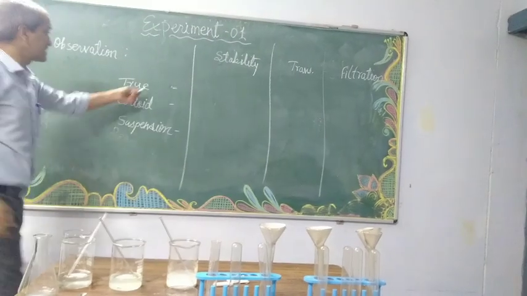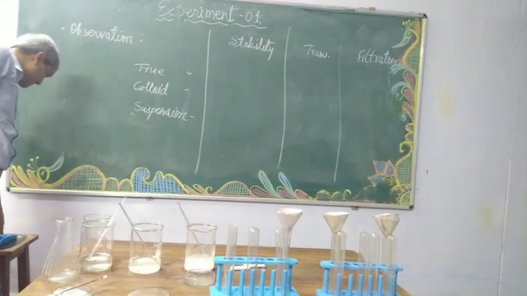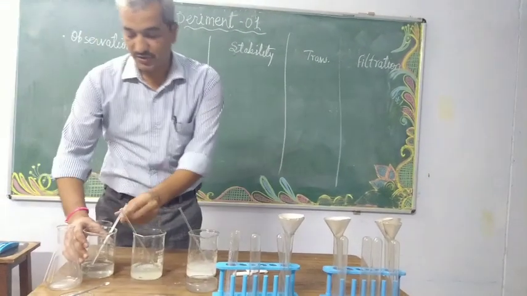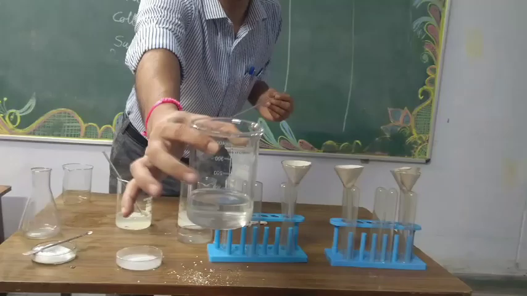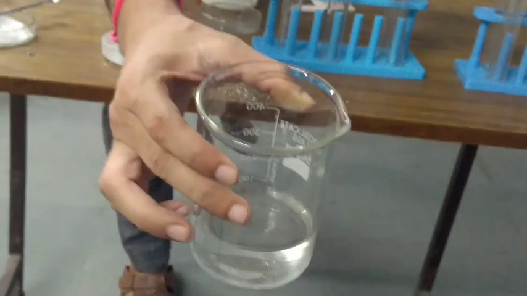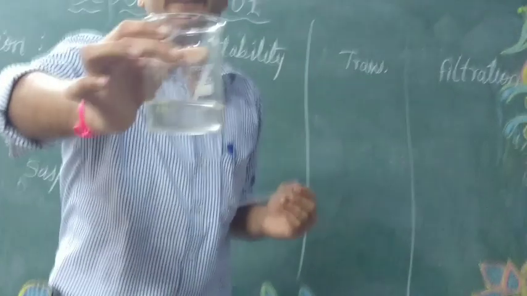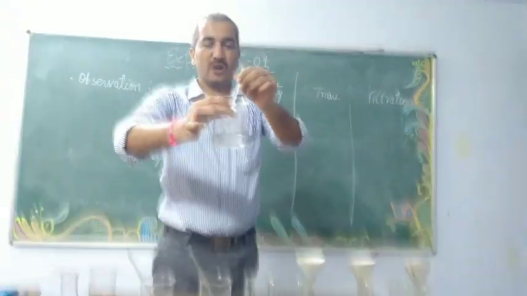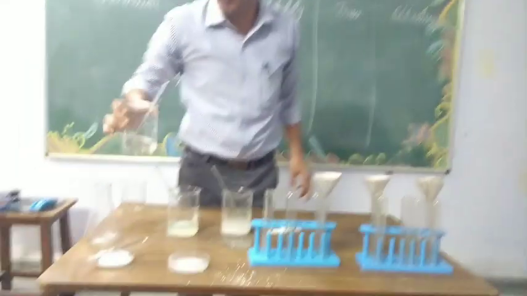Got it? So first thing, stability. We will discuss the stability. The solution is kept for some time, and just focus here in this beaker. You see no residue left. So what do you infer about this true solution of water and common salt?